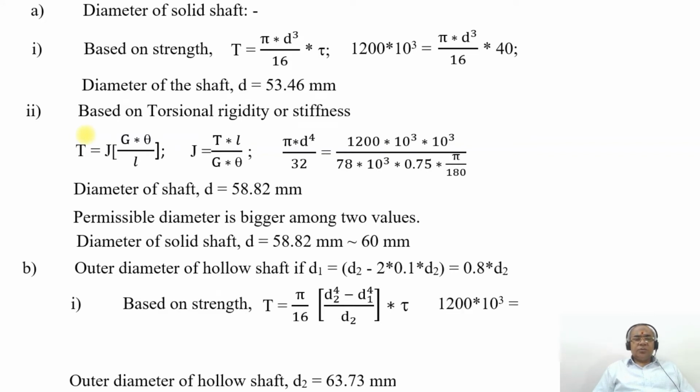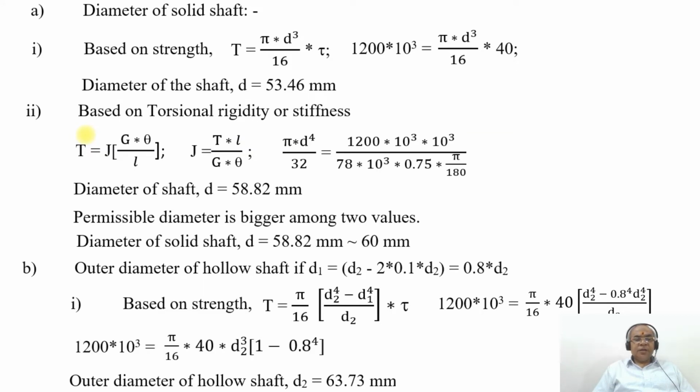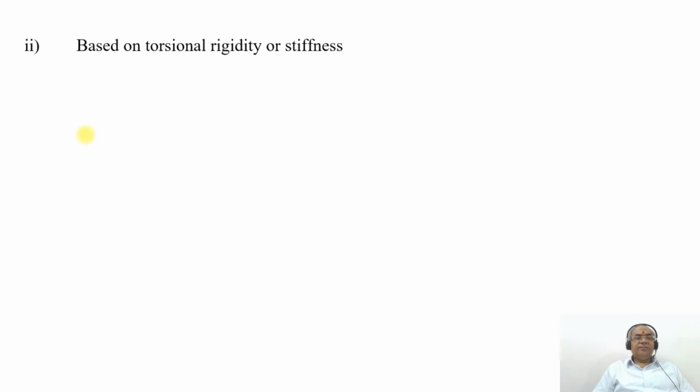So 1200 into 10 to the power of 3 equals pi by 16 into 40 into D2 to the power of 4 minus 0.8 to the power of 4 into D2 to the power of 4, divided by D2. On simplification, 1200 into 10 to the power of 3 equals pi by 16 into 40 into D2 cube into 1 minus 0.8 to the power of 4. On simplification, you get the outer diameter of the hollow shaft D2 as 63.73 mm.